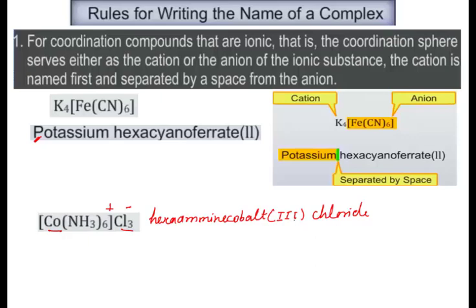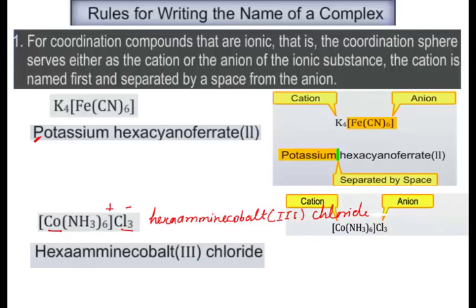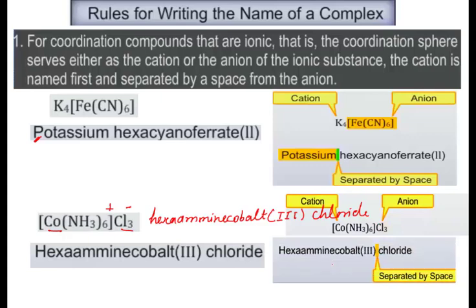This is the name of the complex: hexaamminecobalt(III) chloride, right? In this case, as you can see, there are cations and anions, and we have to leave a space between them. Okay, I hope it is clear to you.